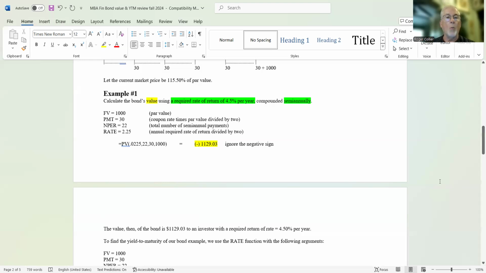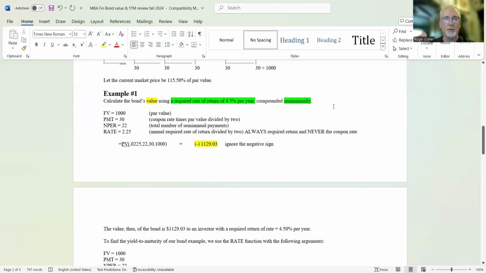Okay. Now, one thing to make a point that I maybe didn't make before is that the rate that goes there is always the required return and never the coupon rate.